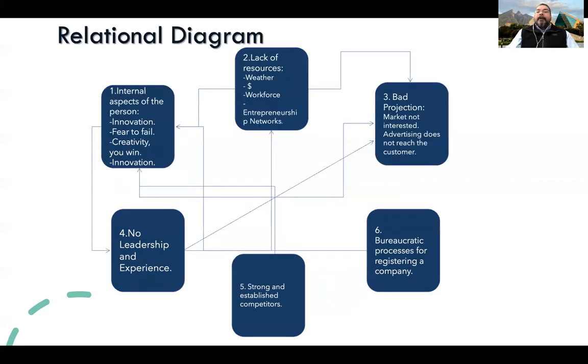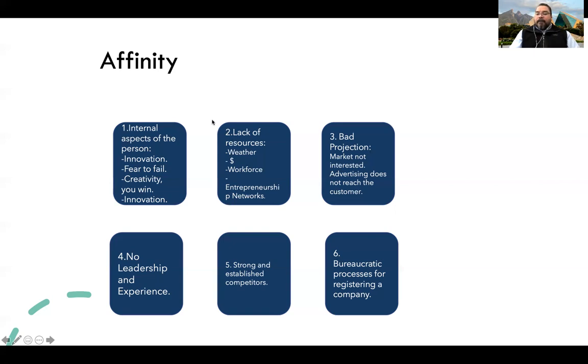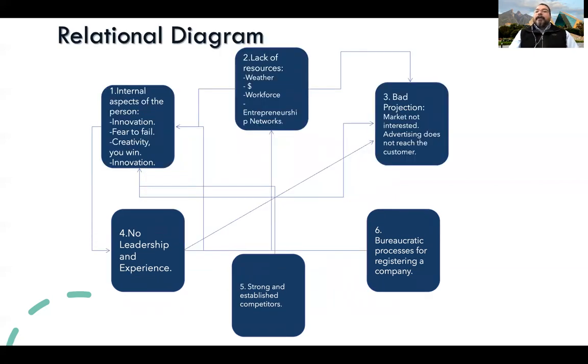But then we relate those groups just by asking the group which of them causes the other. For example, at the beginning, we only have this set of groups. And we started by asking the group, do the internal aspects of a person cause the lack of resources, or the lack of resources cause the internal aspects of a person?